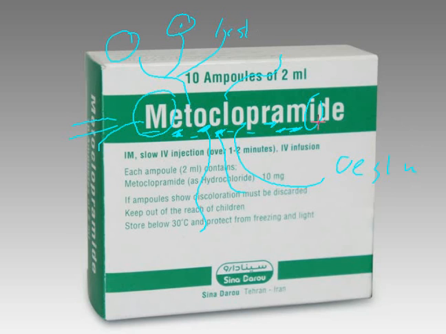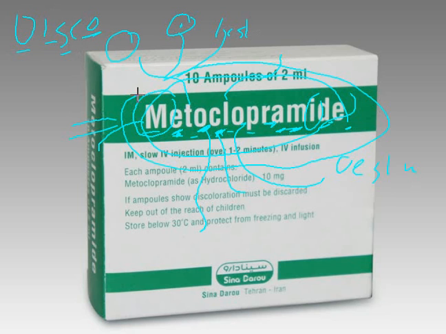The I, what drug? DISCO: D, digitalis, I, isoniazide. D again, digoxin, and the E is ethionamide. So these are two mnemonics for gynecomastia.